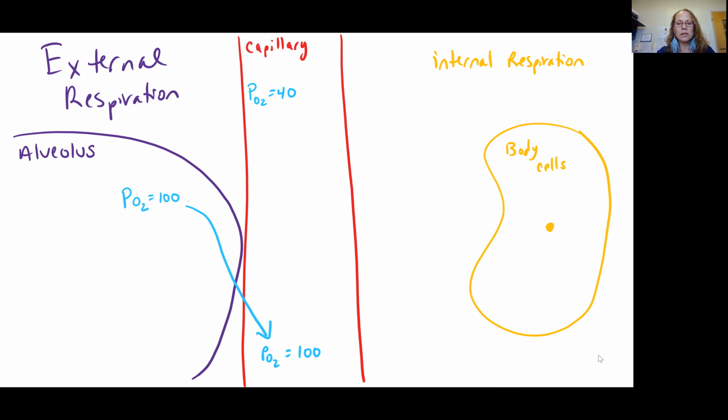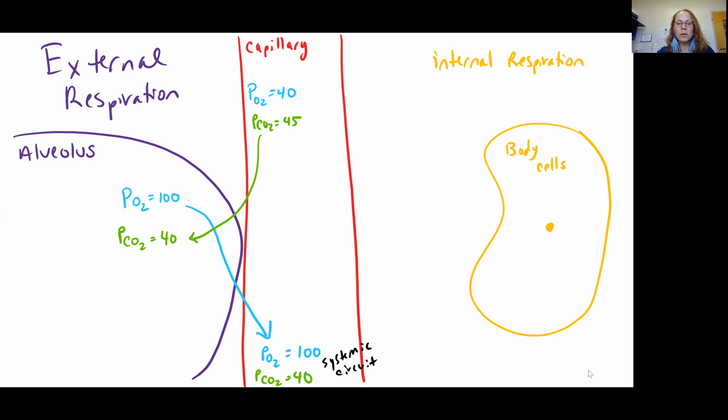Now let's look at CO2. Carbon dioxide in the blood coming through the pulmonary circuit has a partial pressure of 45 millimeters of mercury, but the alveolus has a partial pressure of 40. Again, CO2 is going to move from a high to a low partial pressure, so it moves out of the capillary and into the alveolus.